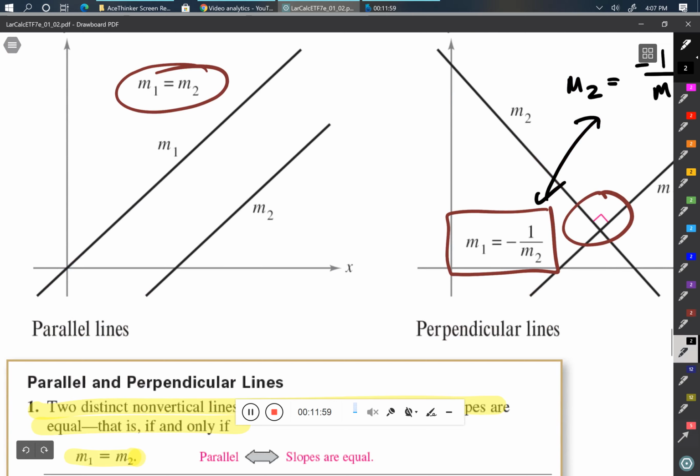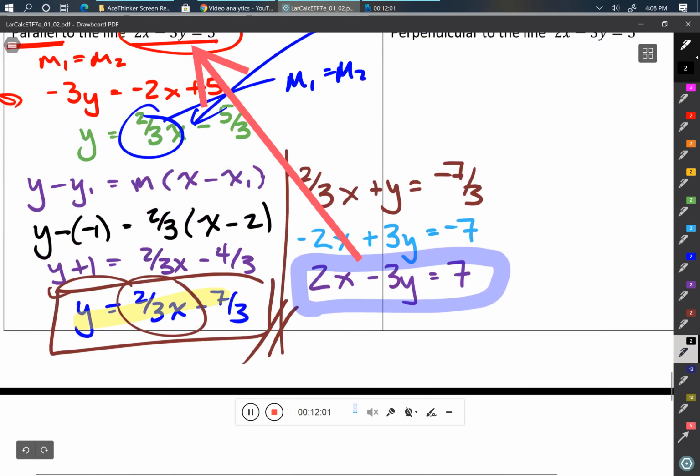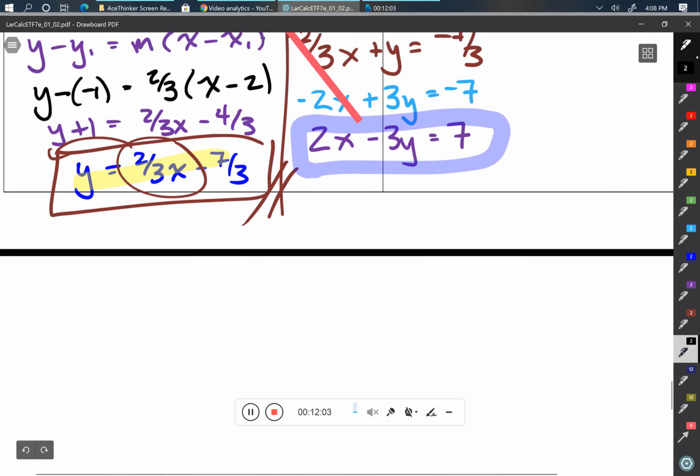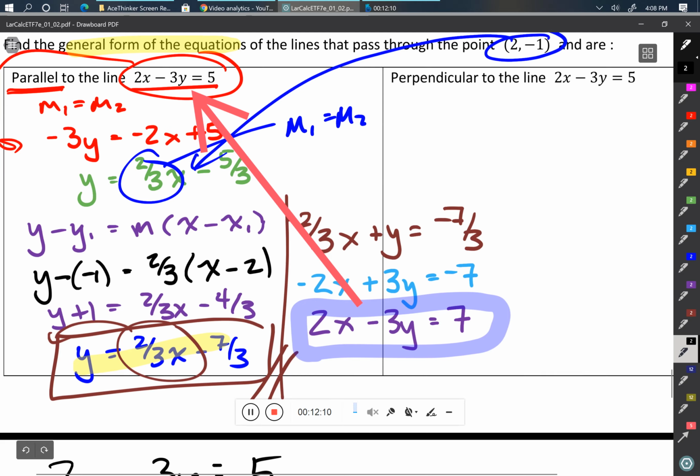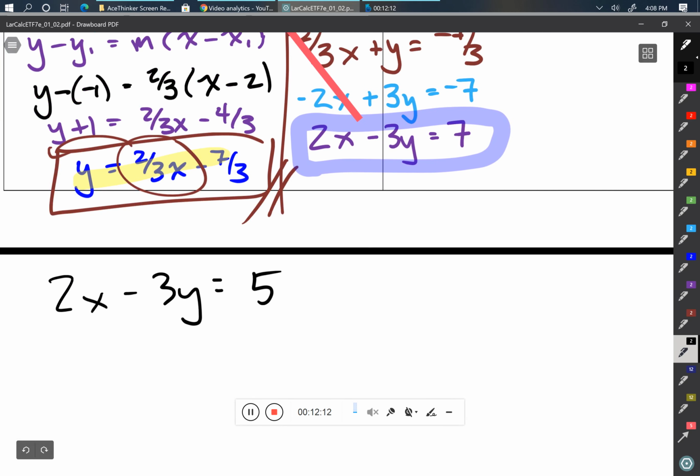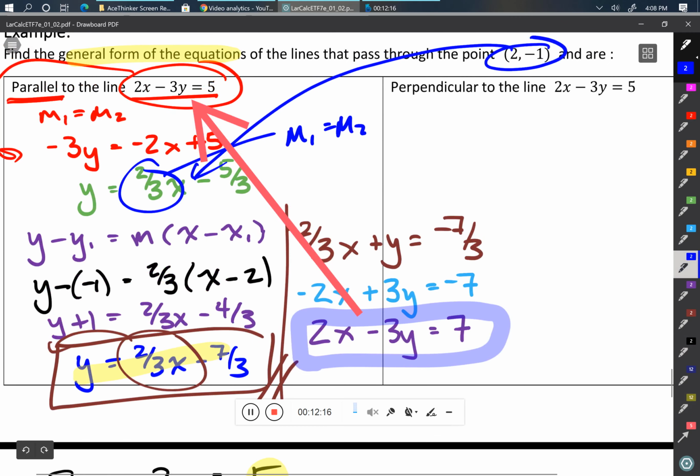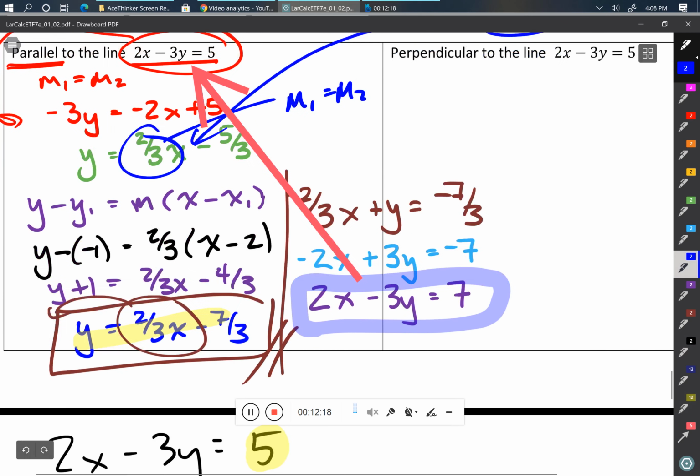So if we knew that and wanted to go faster, we could have taken the original equation, which was 2x minus 3y equal to, I believe, 5, and just solved for the new y-intercept by using the point on the line.